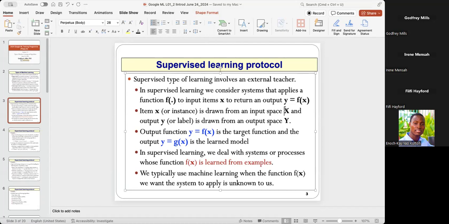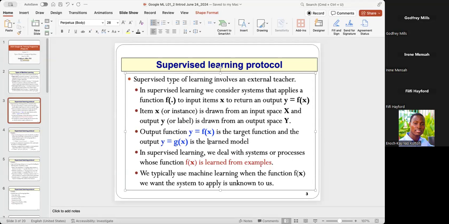It learns that relationship until we are done, and it gives us another function called g of x. And that g of x now becomes what we call our model. So now with the new function called g of x, which is our model, if we take any student, a sample of any student, and we provide the input attributes for that particular student, it will give us our output.